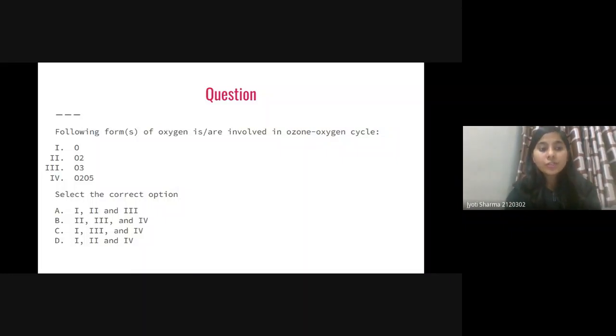Okay, the next question is, which form of oxygen is or are involved in the ozone oxygen cycle? So this is atomic oxygen, then the oxygen O2, and O3. You have to tell me which one is this. Pinak gave me answer A, the first, second, and third.